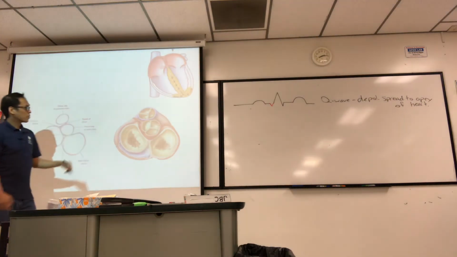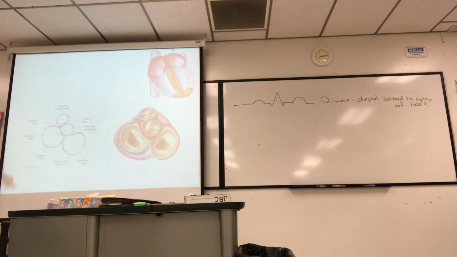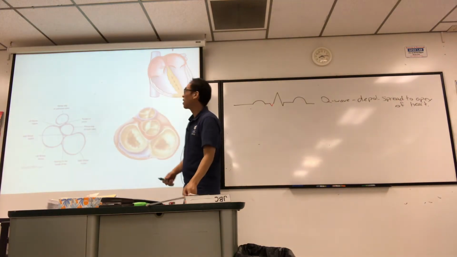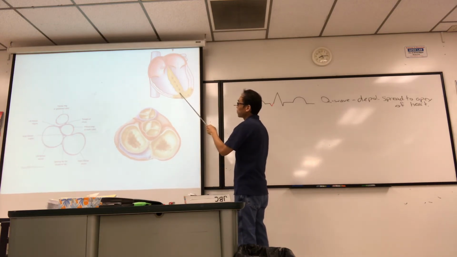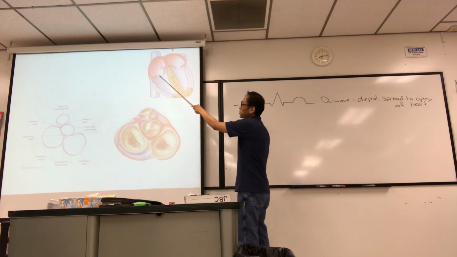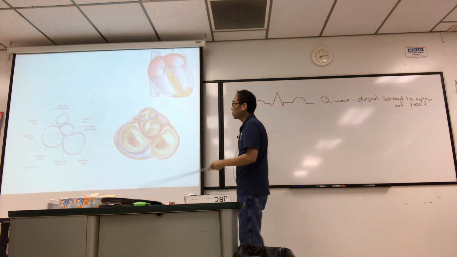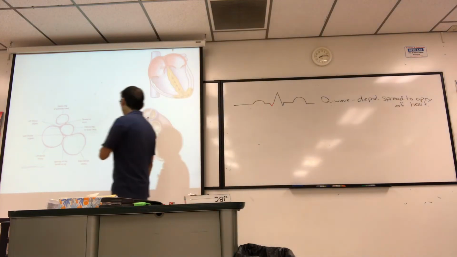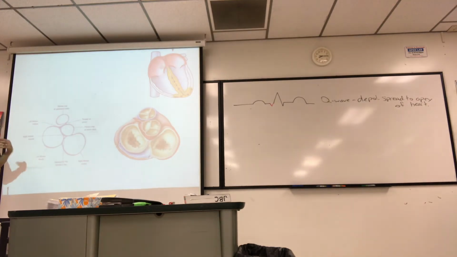This picture reminds me to teach you something here. I've got a couple of pictures. The picture on the top shows how the signal spreads only down the septum. I said earlier, why doesn't the depolarization just spread down in both cases? It can't, it's blocked. What I didn't mention is that the valves are supported by a fibrous ring structure.